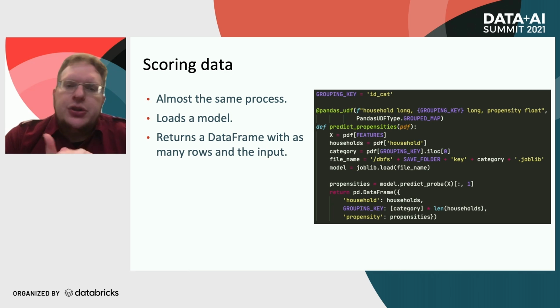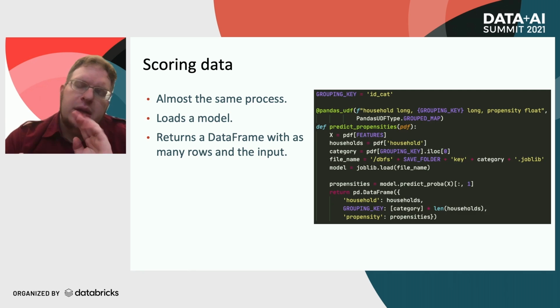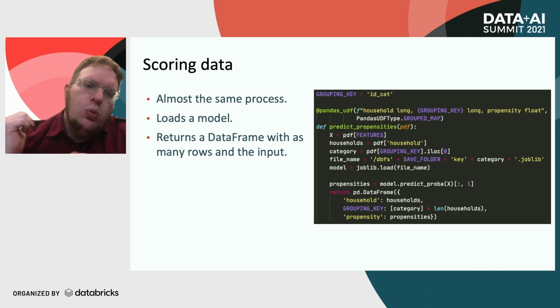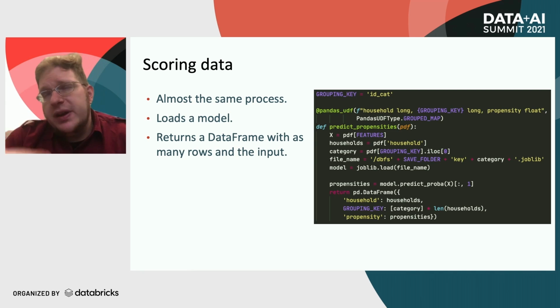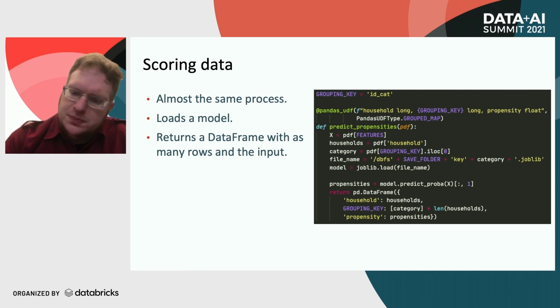And instead of returning a data frame with one row of my category and my model metrics, in this case, I'm returning a data frame with multiple rows. One row per household for each category and the various propensities for each. But it's perfectly valid. PandasUDF has no trouble with this.